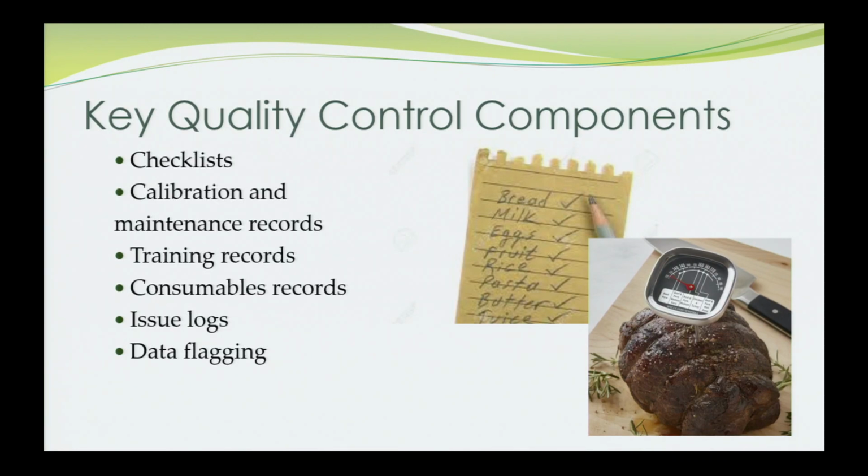If something like that were to happen, it would be included in an issue log. Issue logs are important for keeping track of problems and also involve management in resolving those issues.